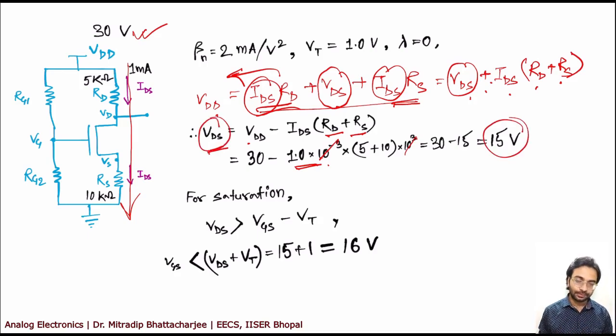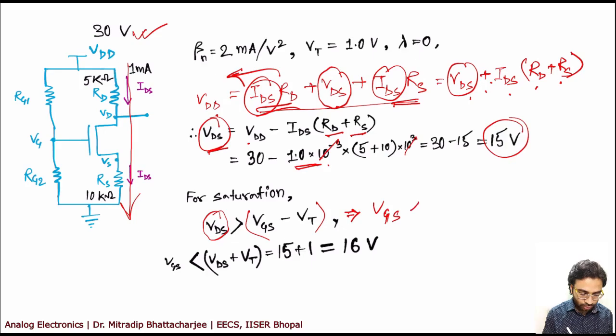This is your VDS. Now where are we operating? We are operating in the saturation region. So for saturation region, your condition is your VDS value should be higher than VGS minus VT. This is your condition for saturation. Now what does that mean? This means that VGS value should be less than VDS plus VT.